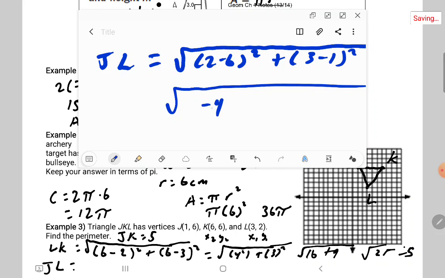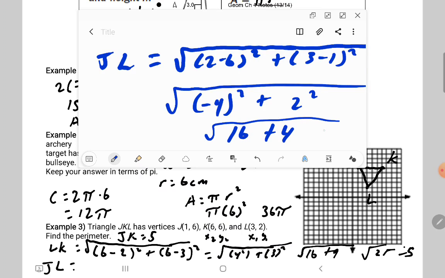So I'll get negative 4 squared plus 2 squared, which is the square root of 16 plus 4, which is the square root of 20, which will be about 4.5.